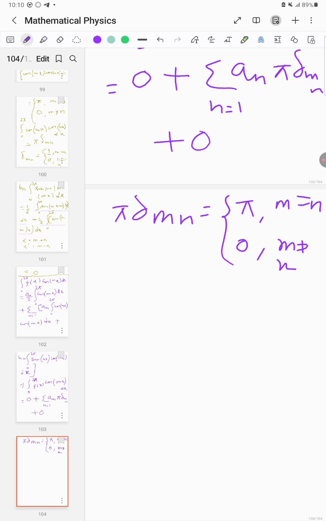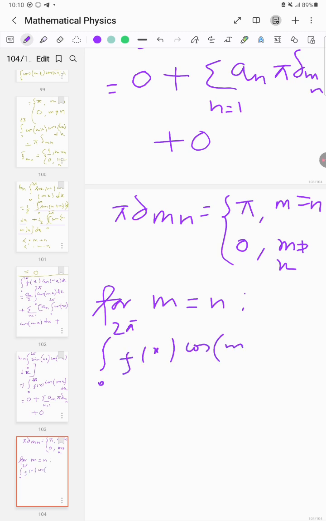So for m equals to n, what can we say? We can say that 0 to 2 pi f of x cos mx dx is equals to an pi, where we have put m equal to n.